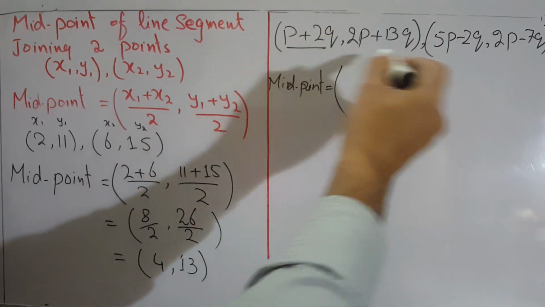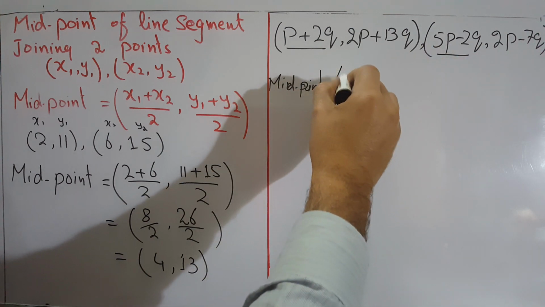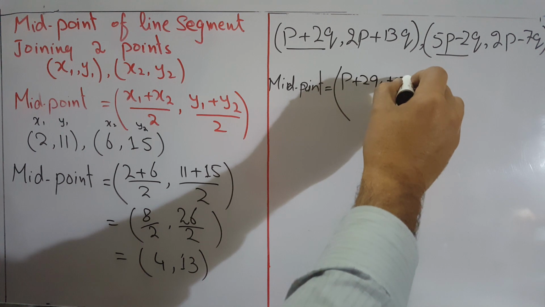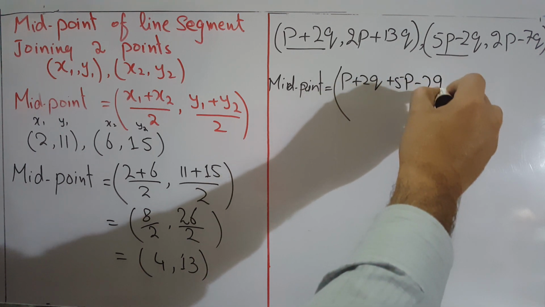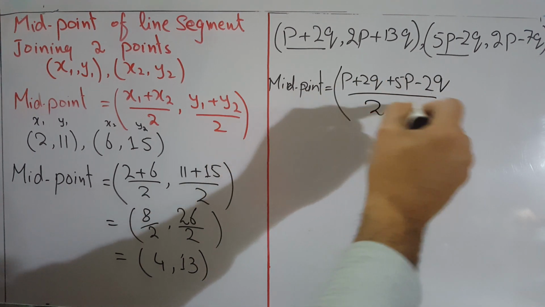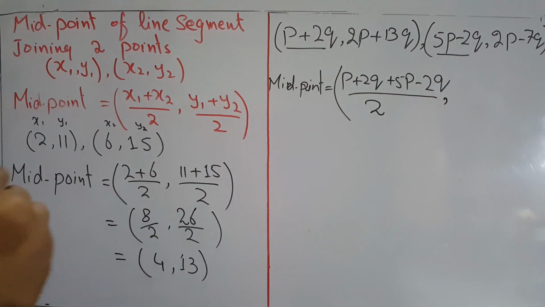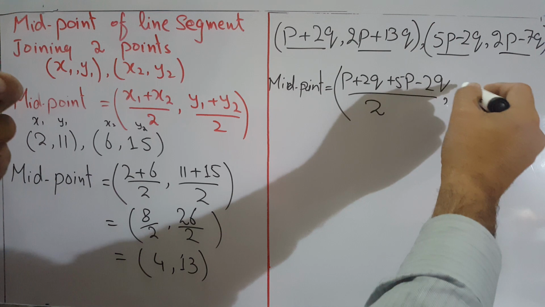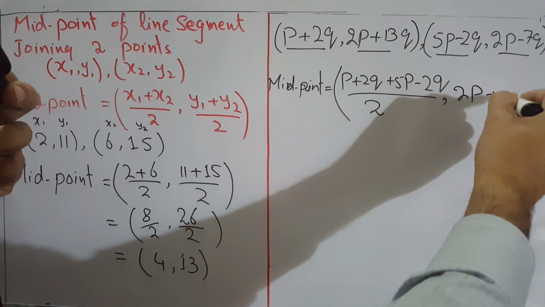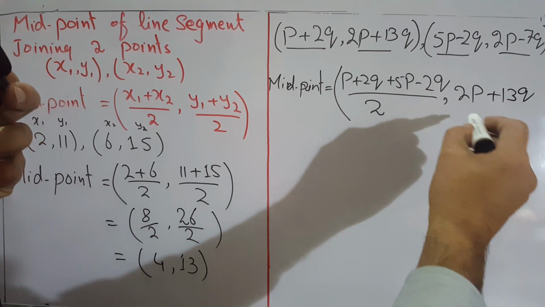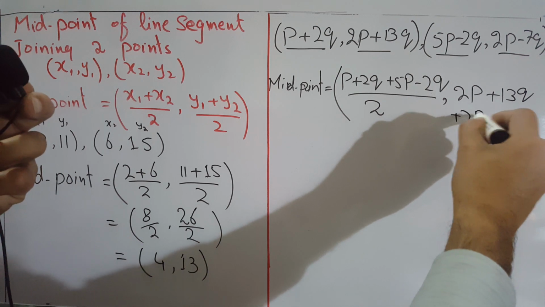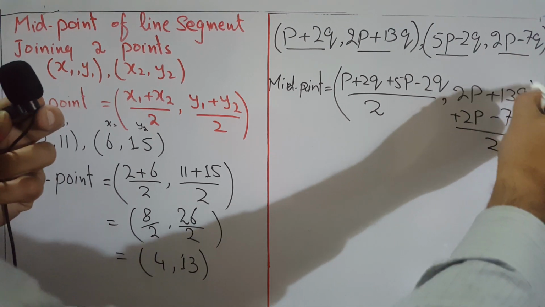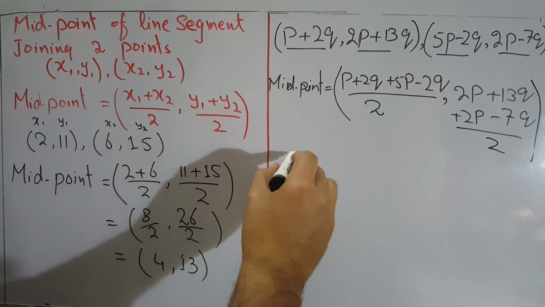Add up the x-coordinates, which is this one and this one. So P plus 2Q plus 5P minus 2Q divided by 2, comma, and then you have the y's, y1 and y2, which is 2P plus 13Q plus 2P minus 7Q divided by 2.